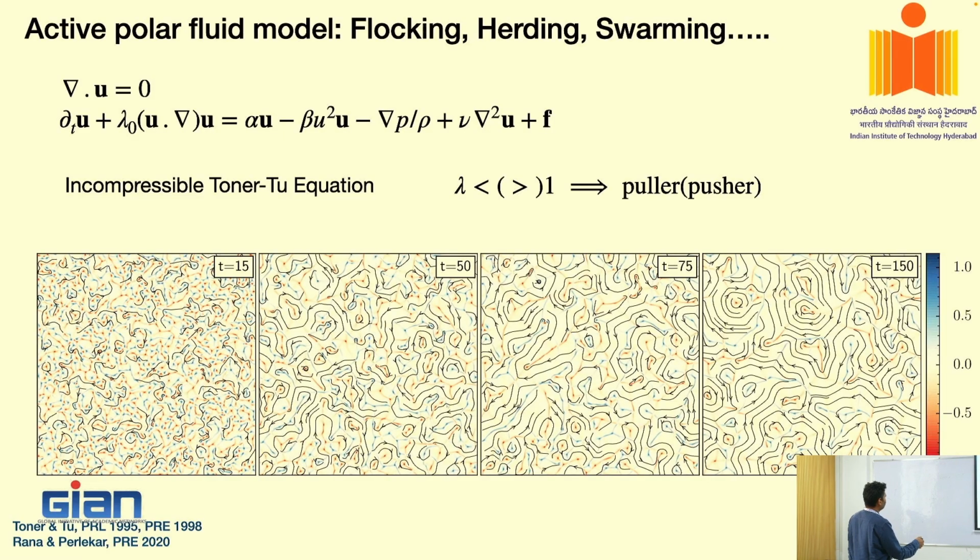You take these two on the left hand side, and forget about the forcing. Now, if lambda 0 equals 1, you will see that it is Galilean invariant. But if you set lambda 0 not equal to 1, it breaks this Galilean invariance immediately. So maybe just as an exercise, do it later.